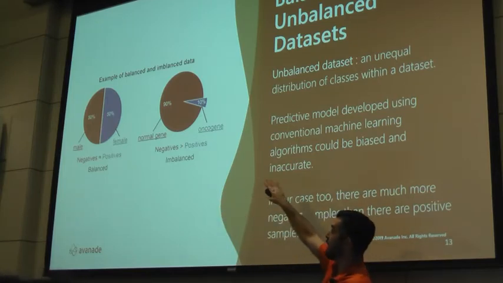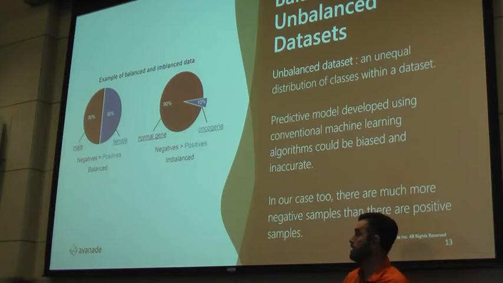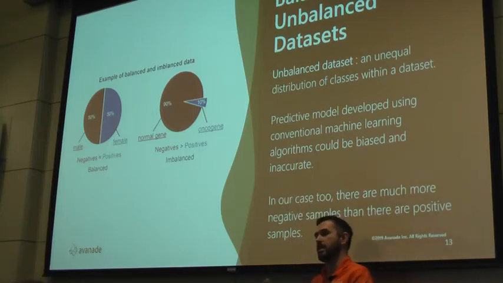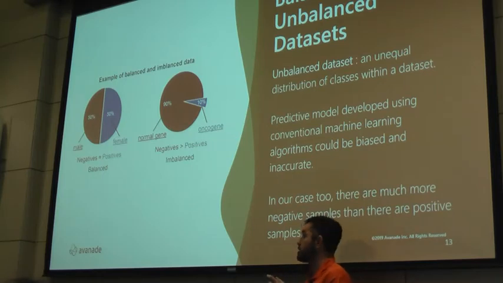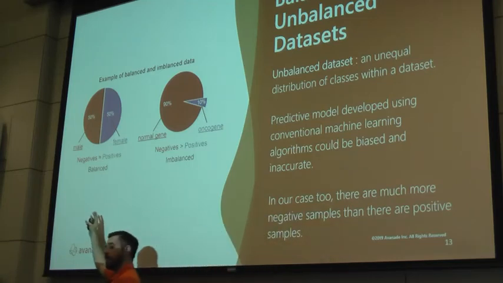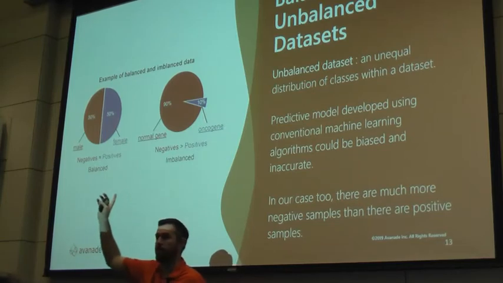So if you feed that data into your model, it's going to overthink that everything is not cancer. Even a blanket guess is giving you 90% accuracy, and that's why we use the term accuracy very, very loosely. We'll get into the metrics later. So what you want to do is train it with a balanced data set. You don't want to give it 90% one value, 10% the other.